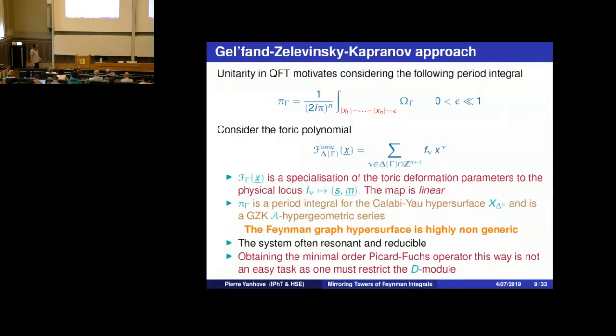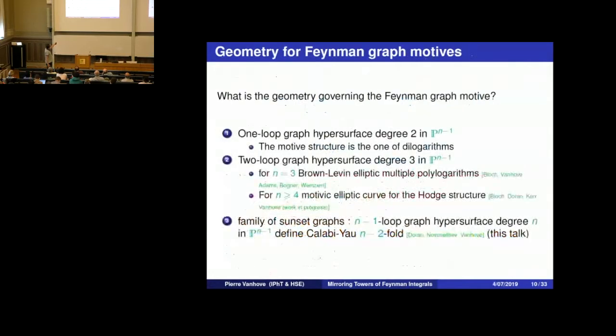No, it satisfies the homogeneous one. Oh, I'm sorry, I didn't say. This one, because it's a period, is going to satisfy the homogeneous Picard-Fuchs, okay? The homogeneous has to do with the fact that you have relative cohomology. So it essentially has to do with the boundaries of the cycle.